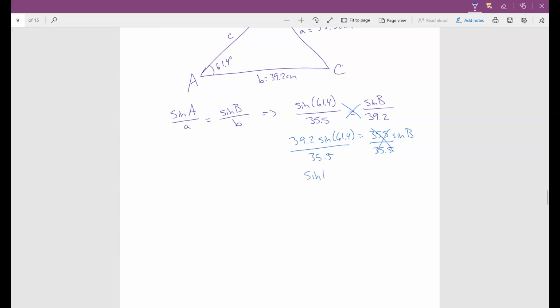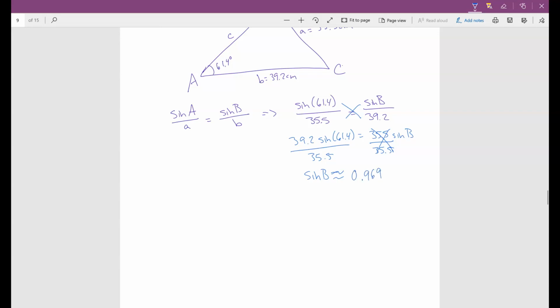So then sine of B is going to be approximately equal to, let's put that in our calculator, 39.2 sine of 61.4 divided by 35.5. That's going to give me 0.969.